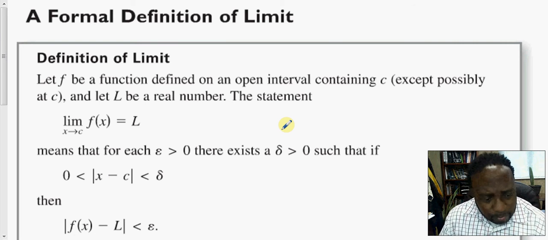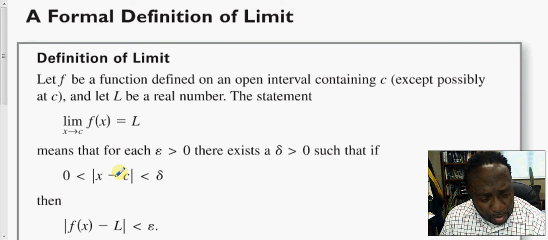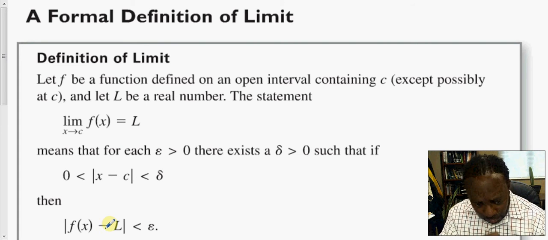So if we can put a boundary on the containment of x, any x value around the neighborhood of c, then can we also put a boundary around the limit for the function values?